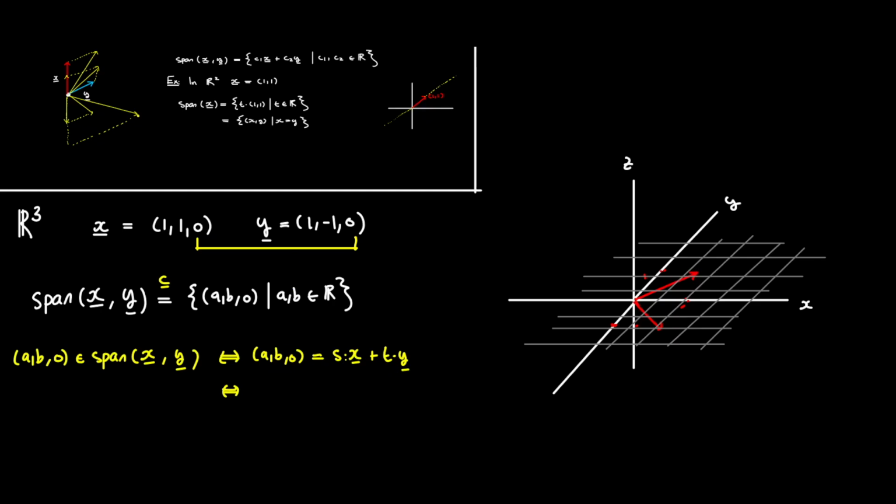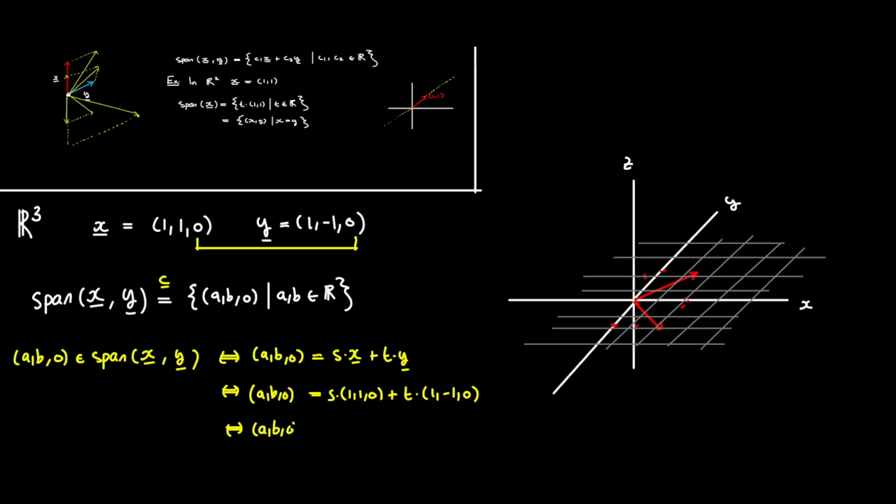And again, this has a very specific meaning. This is the same thing as to say that (a, b, 0) is equal to s times (1, 1, 0) plus t times (1, -1, 0).